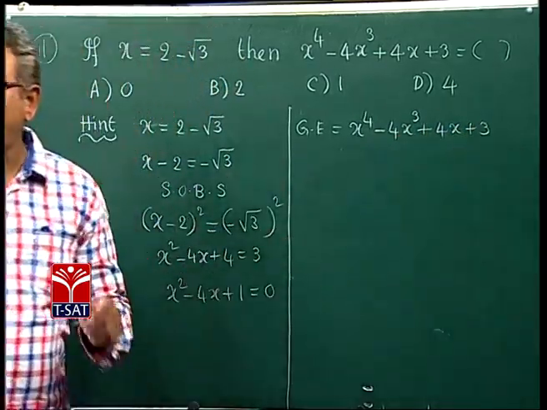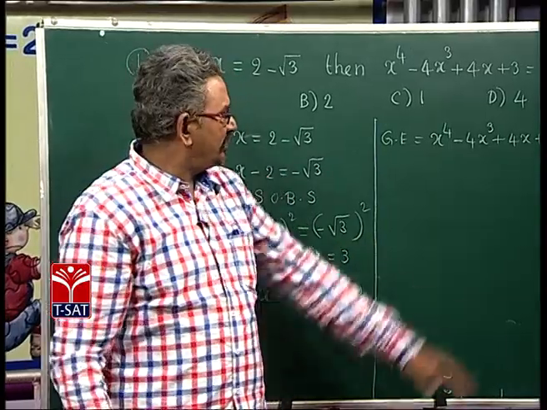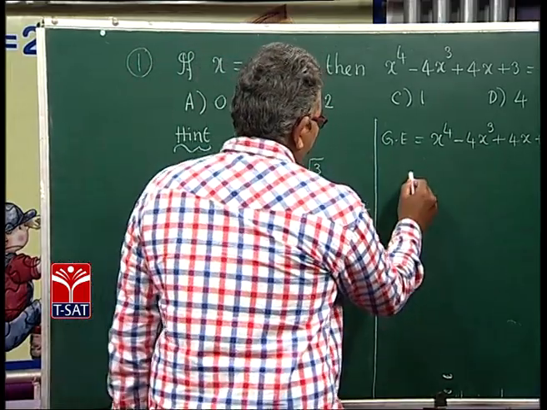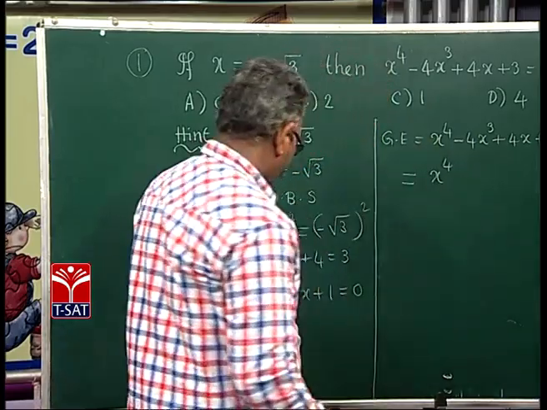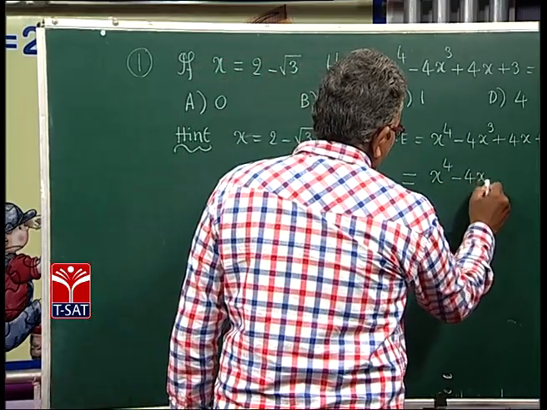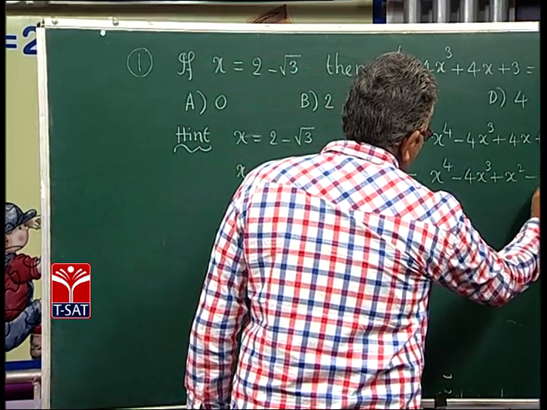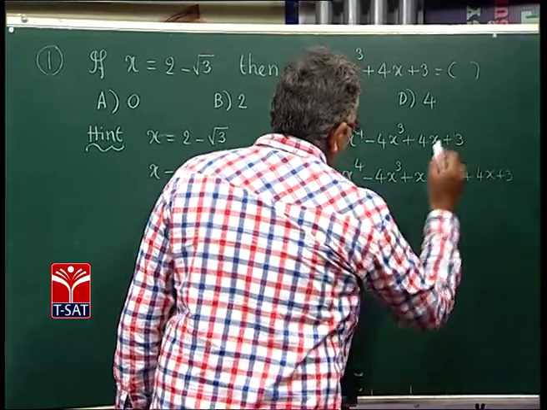Just rearrange the terms. This can be rearranged like this: x to the power of 4 minus 4x cube plus x square added on and minus x square plus 4x plus 3.